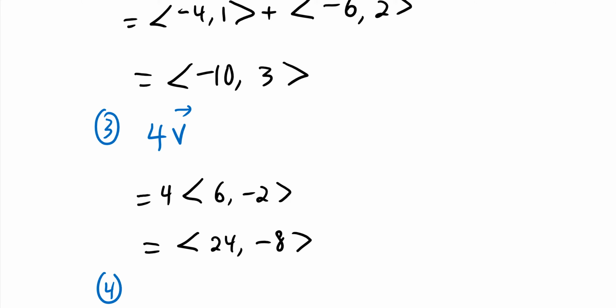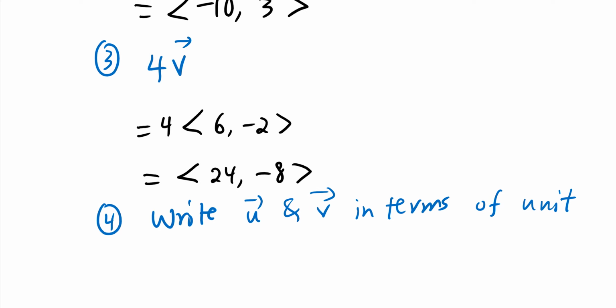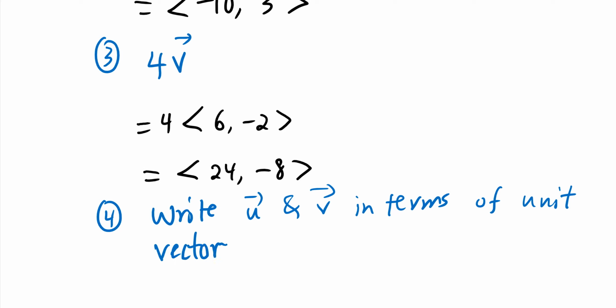Now we can write u and v, these two vectors, in terms of unit vectors i and j. So how do we do this? It's very easy, straightforward.